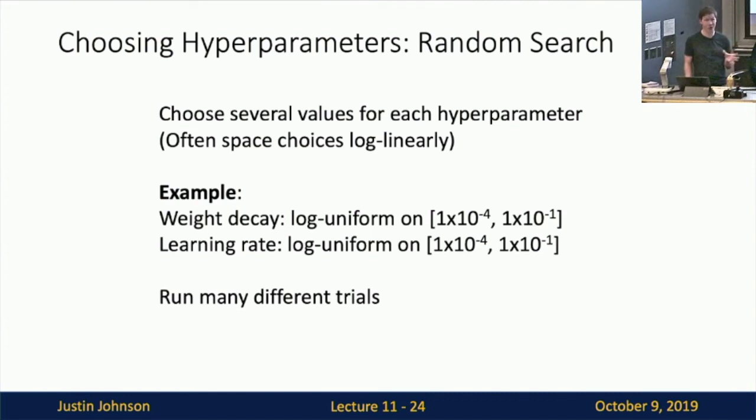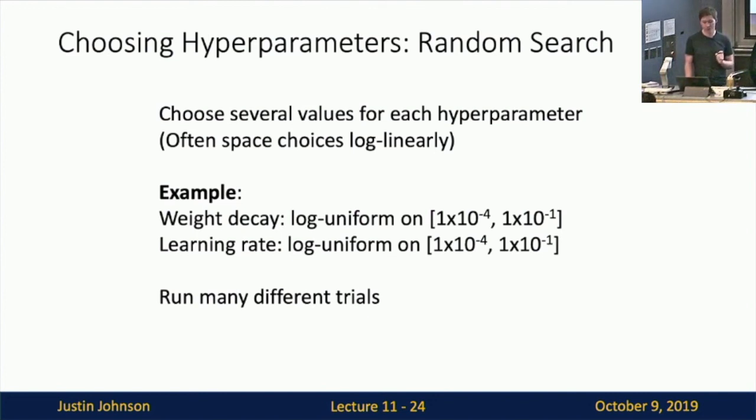It depends on what the hyperparameter is. But the idea with random search is that we set ranges for the different hyperparameters, and during each training run, we draw a random value for each hyperparameter and just let it go. Then however many trials of your network you can afford to train, you train that many, and whatever worked best at the end gives you the hyperparameters that you use.